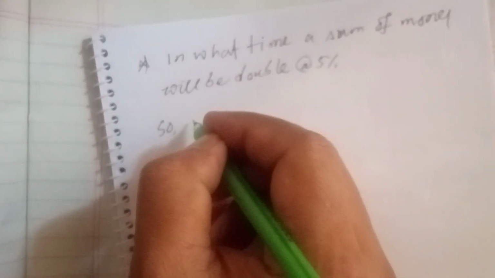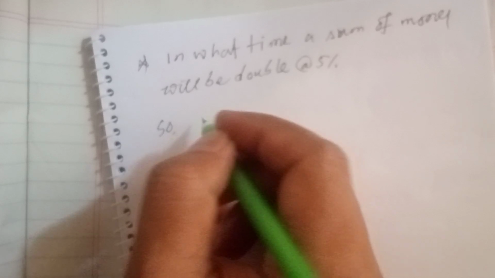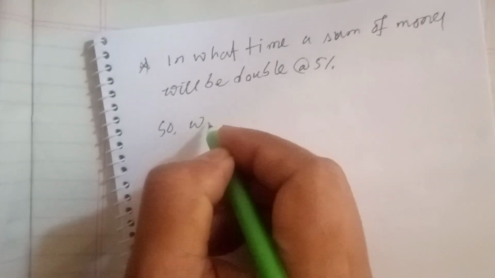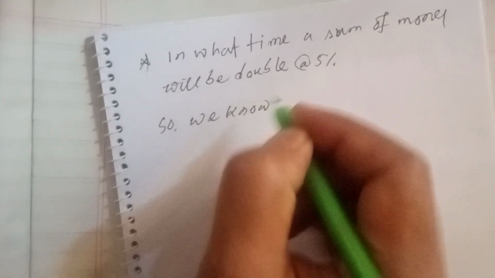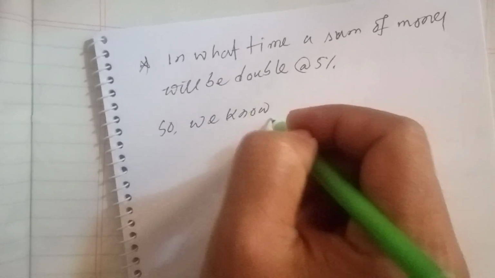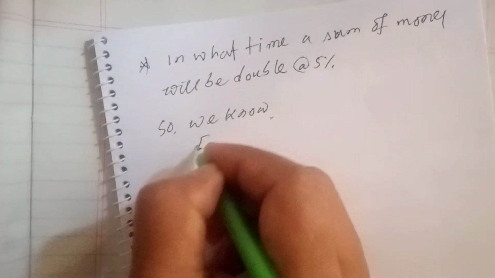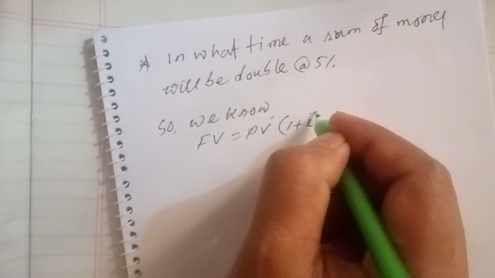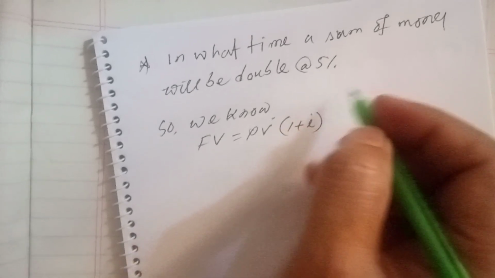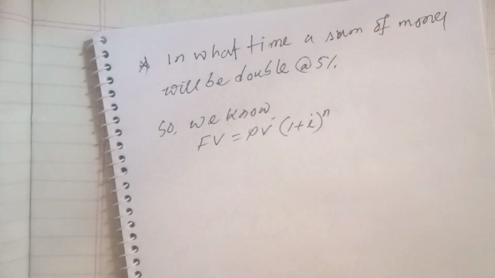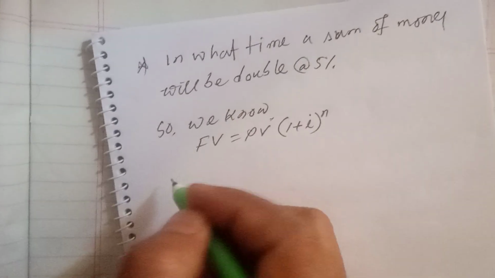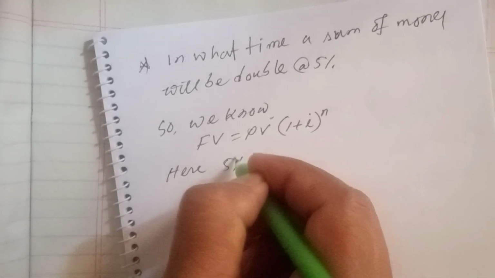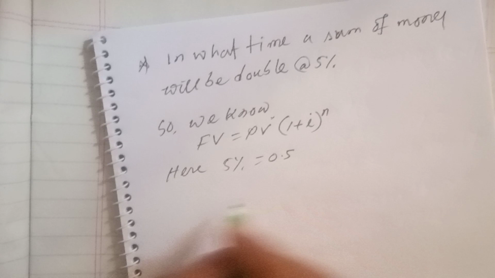So we know AB equal to PB plus 1 plus I. Here 5% equal to 0.05.